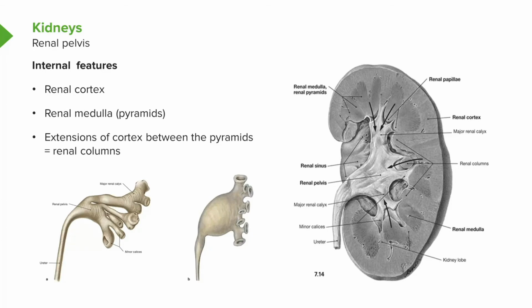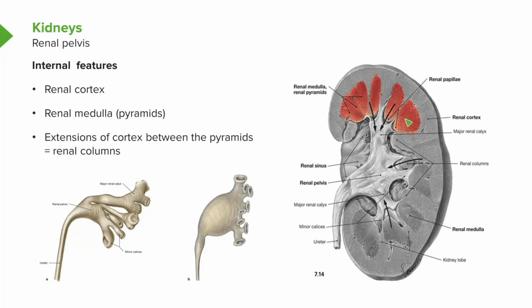Each of these minor calyces are going to be formed via a renal pyramid, and we can see these renal pyramids indicated here. And renal pyramids are where the nephrons are located that do this water exchange, that control the water content, that control the salt content and produce urine within the kidney.